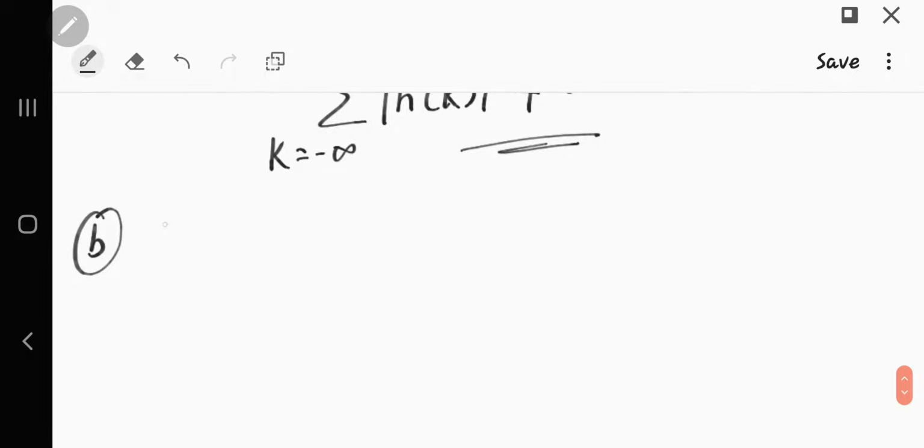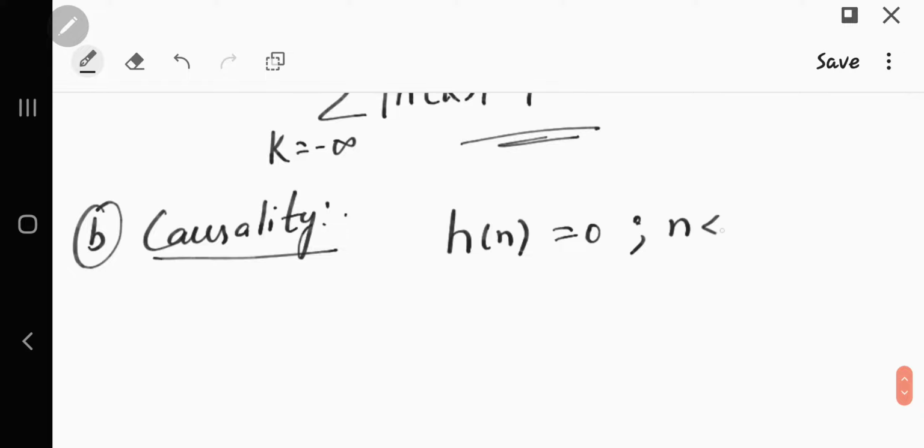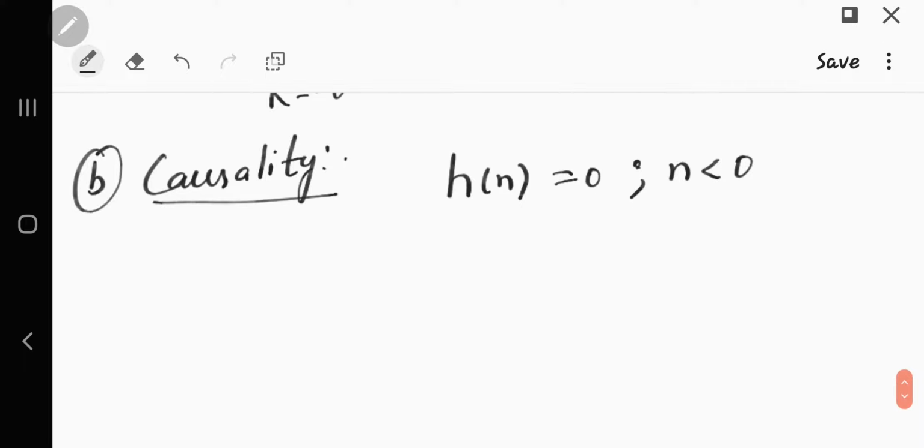So the next one is the causality property. The causality property says that the system is said to be causal if its impulse response h of n is 0 for values of n less than 0. Okay.